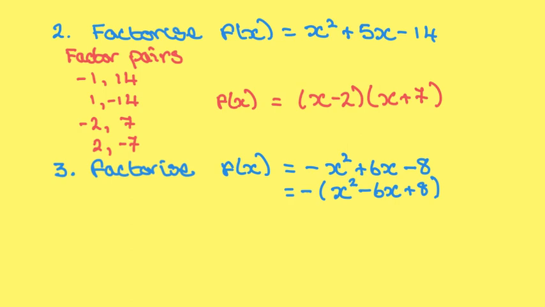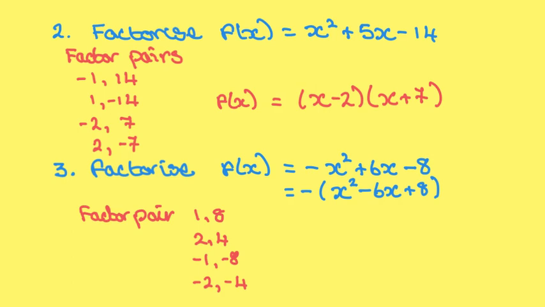So our factor pairs are 1 and 8, 2 and 4. And because it is positive, they could also be -1 and -8, and -2 and -4.